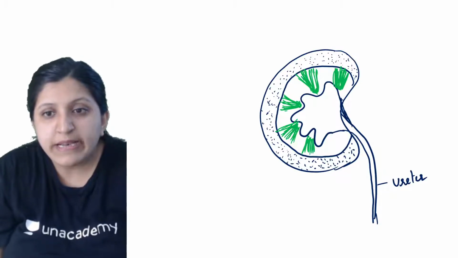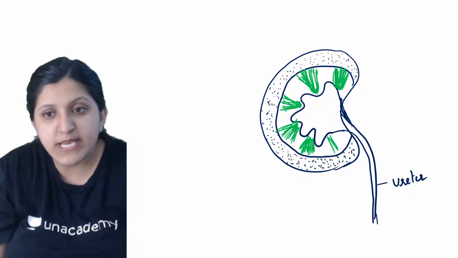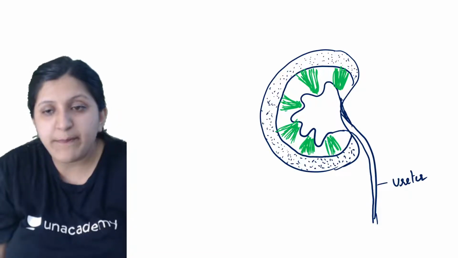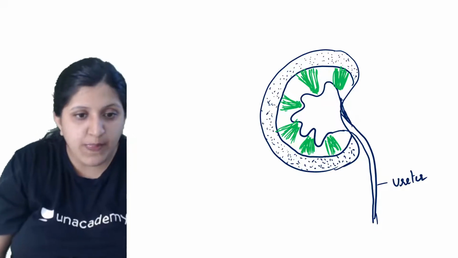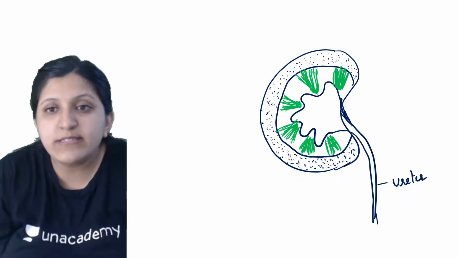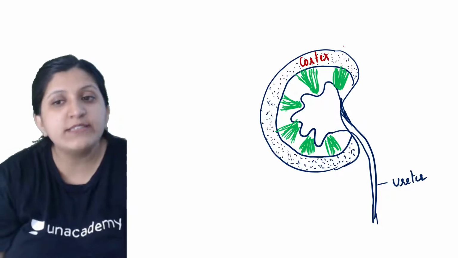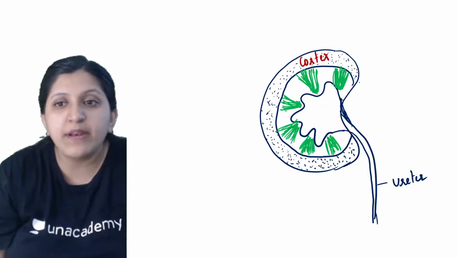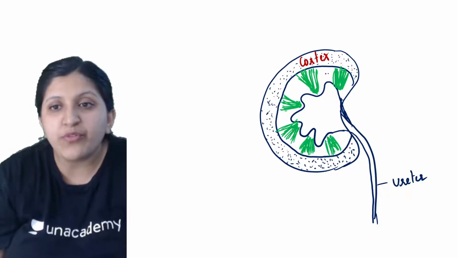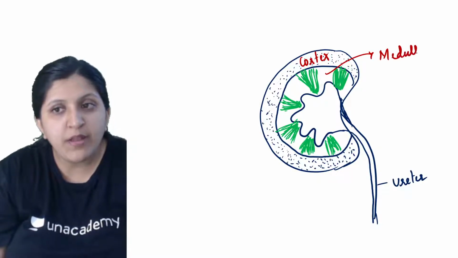Here is a renal pyramid, and the apex of this renal pyramid, what is there? That is called a papilla. Let me just label this now. As you can see here, this is the cortex region, which gives a dotted appearance, and this part is the medulla region.